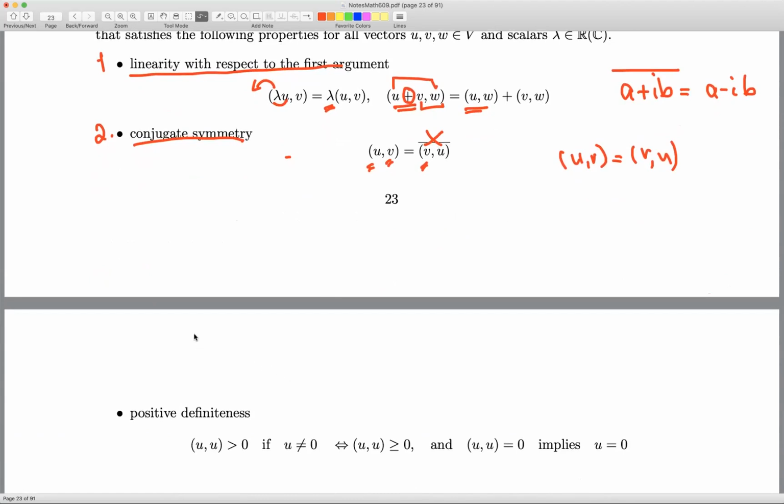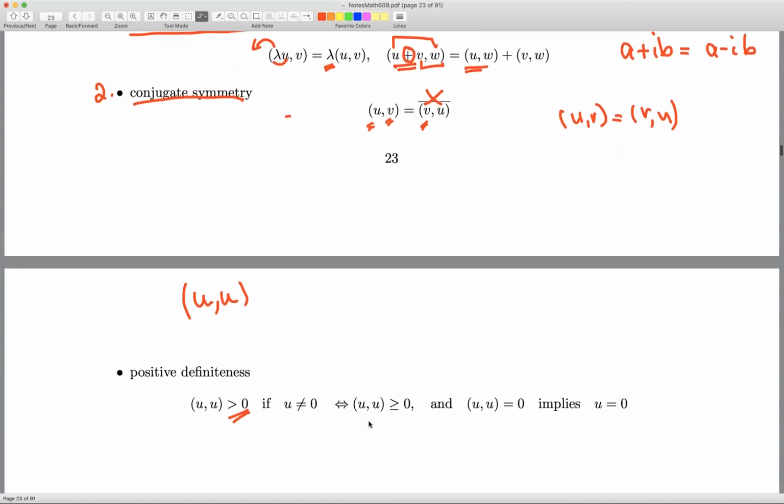If we take an element u from the vector space and we look at the inner product of u and u, we will end up with a number that is strictly bigger than 0 if u is not the 0 element, which is the same as saying that the inner product of u with itself is bigger than or equal to 0, and the inner product of u with itself being 0 implies that u is the 0 element.